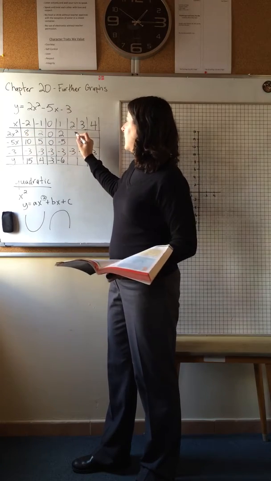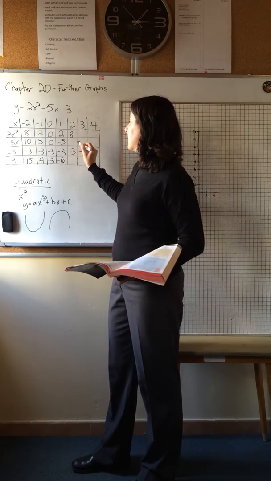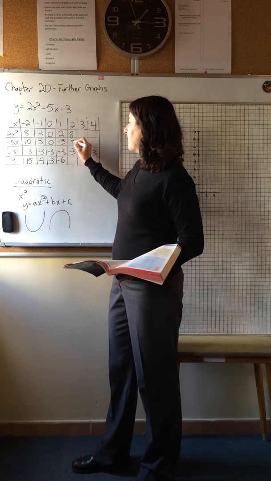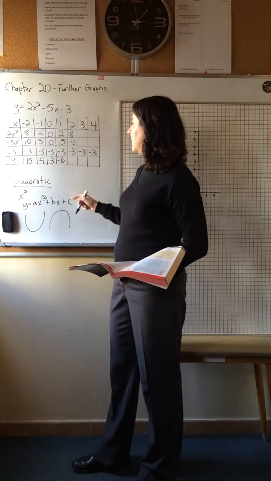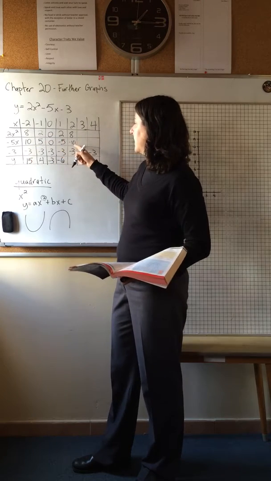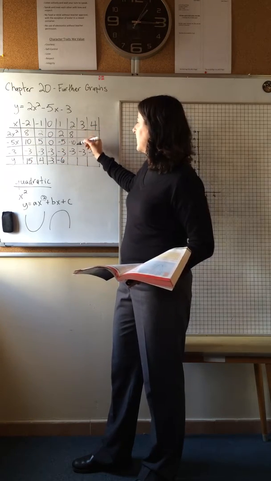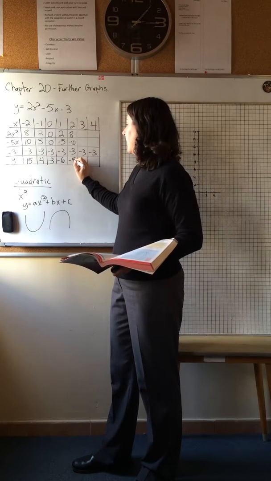For 2: 2 squared is 4, times 2 is 8. You'll see something familiar happening here. 2 times -5 is -10. This one looks very similar except for this negative sign. 8 and -10 is -2. -2 and -3 is -5.